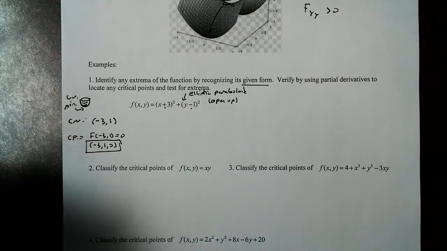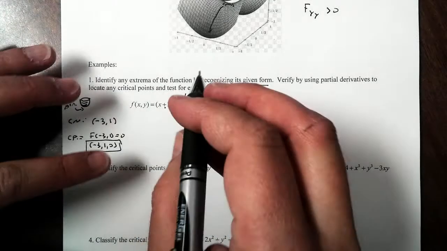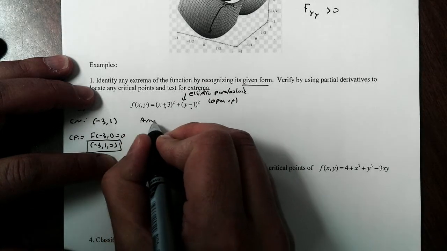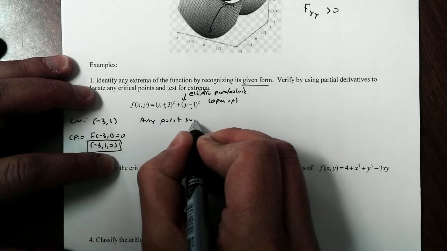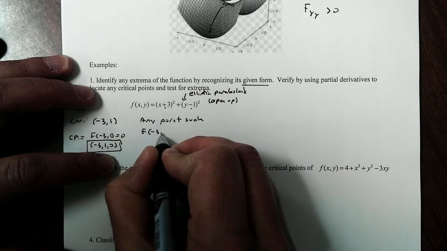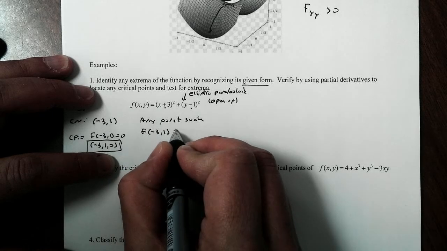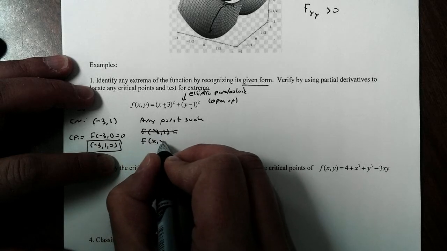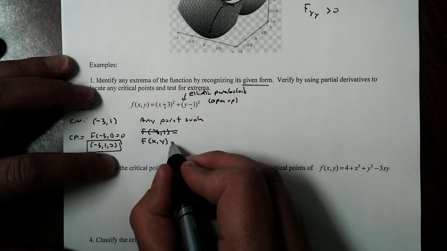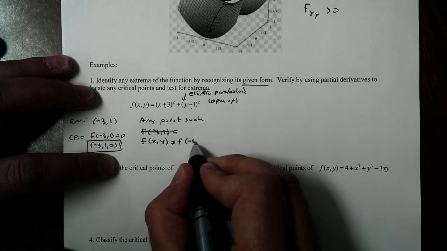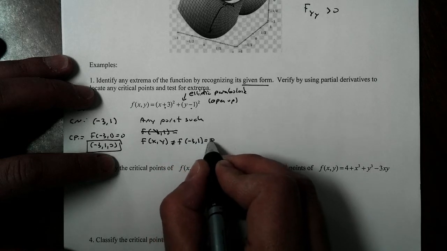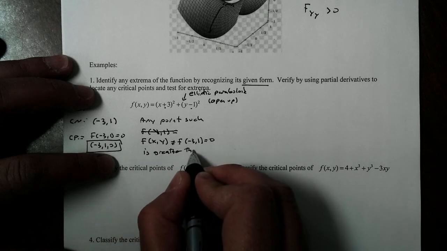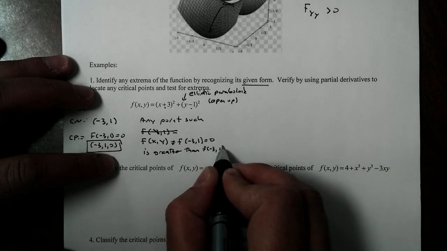And that's how we can write this. Any point xy that does not equal negative 3, 1, where the value at negative 3, 1 equals 0, is greater than the value at negative 3, 1.